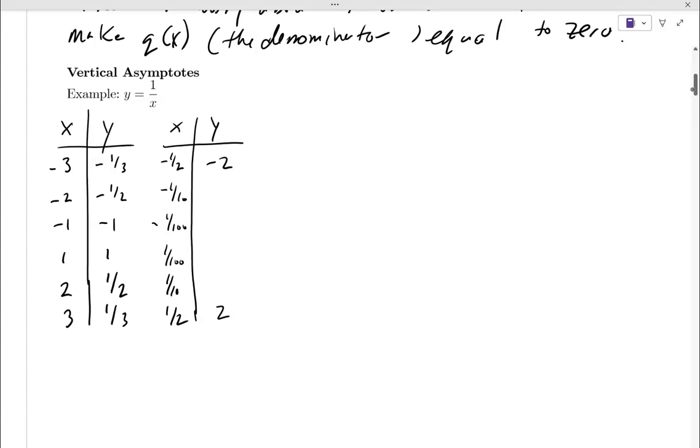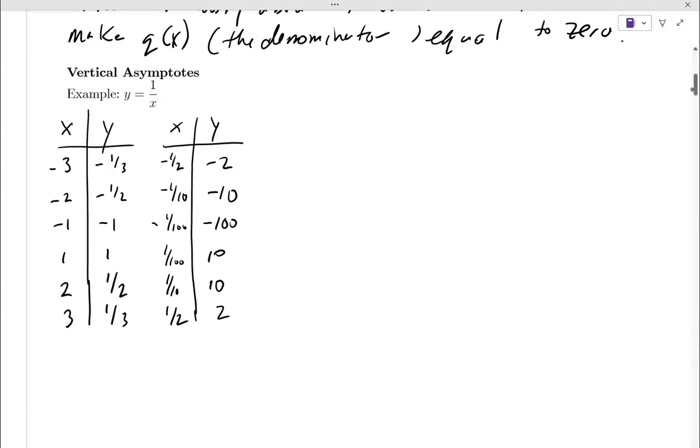If you put in -1/10, what do you get out? -10, right? Because again, the function is take the reciprocal. 1 over 1/10 is 10. So we get -10 there. We get +10 if we put in +1/10. What about when you put in -1/100? -100, right?